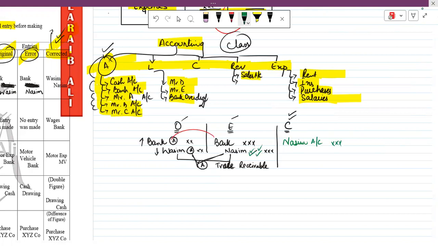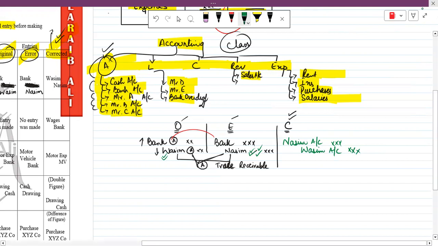Wasim's account was not made, so we will make Wasim's account on the credit side. Remember, Nasim's account was wrongly made, so we rectified it by making it on the debit side, and Wasim's account was recorded on the credit side. So this entry was corrected here.